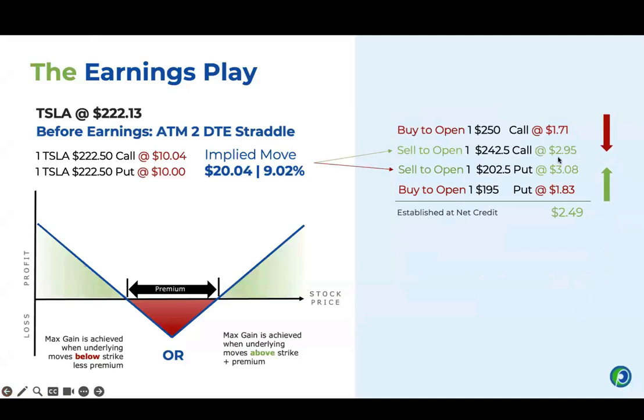This was 295 and this was 308. On earnings, there is extremely high implied volatility, because implied volatility is the market's expectation of movement in the underlying security. And the expected movement in an underlying security is extremely high around earnings because we know it's going to move a lot.